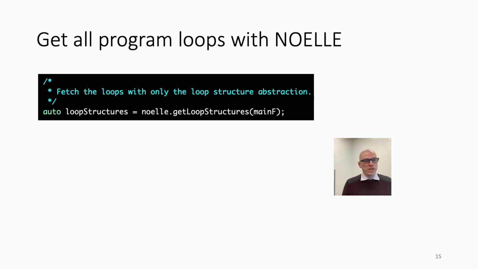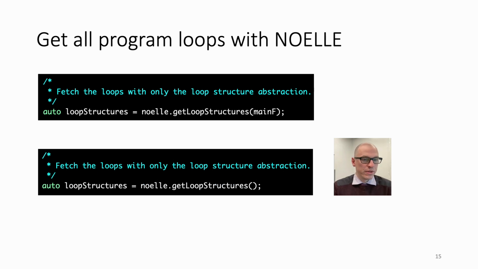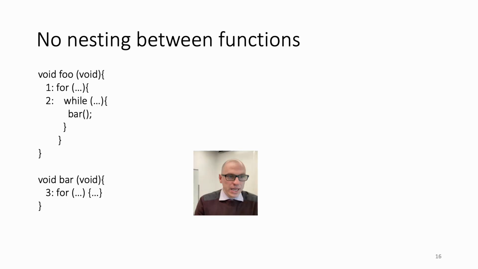Finally, we can talk about what it means to have a forest within functions. Before, we got all the loops included in a function, and then we played with them. But in NOELLE, you can also ask, give me all the loops of the entire program, by not specifying which function you want to focus on. And we can even organize them in a forest.